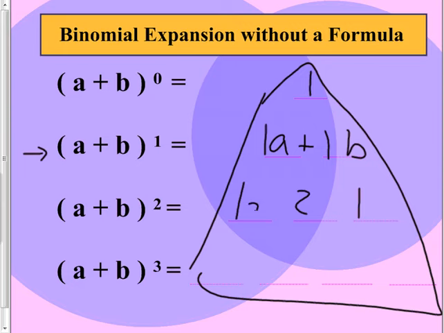So A starting big would be A what? A squared, and then keep going. A, and then A to the 0, which is just 1. And then what? B to the 0, B to the 1, B to the second. So there's your answer.